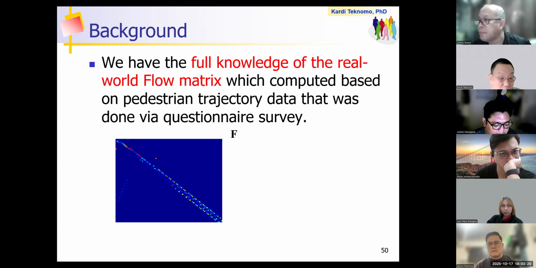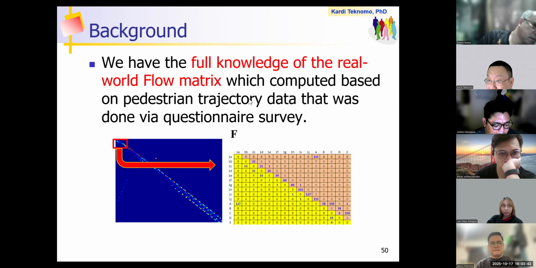So this is the continuation of the above study. IFN was discovered in 2014, so this is much later. We have full knowledge of the real world flow matrix from a while ago, based on the pedestrian trajectory that we have.